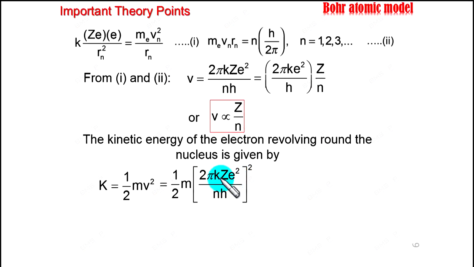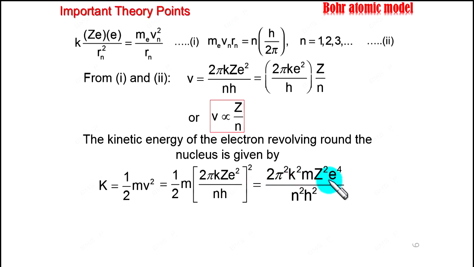We can calculate this, this is equal to 4 pi square divided by 2, it is again 2 pi square k square, this is m, and multiplication e to the power 4 here, and here is h square and n square also in denominator.